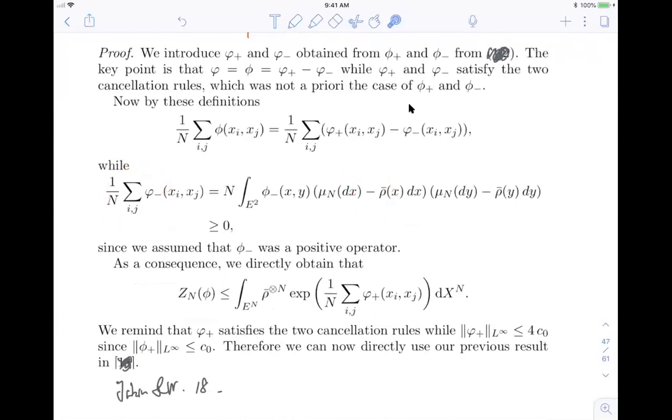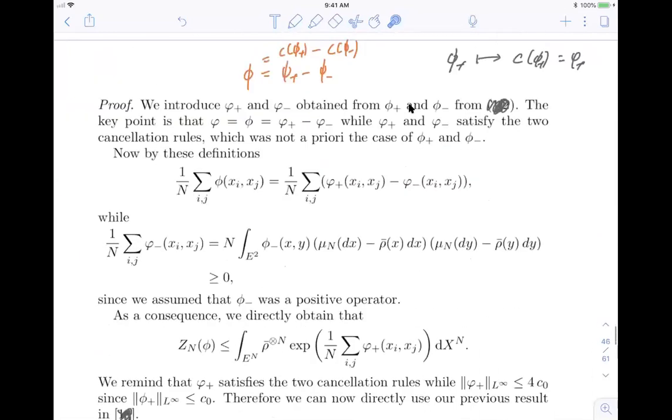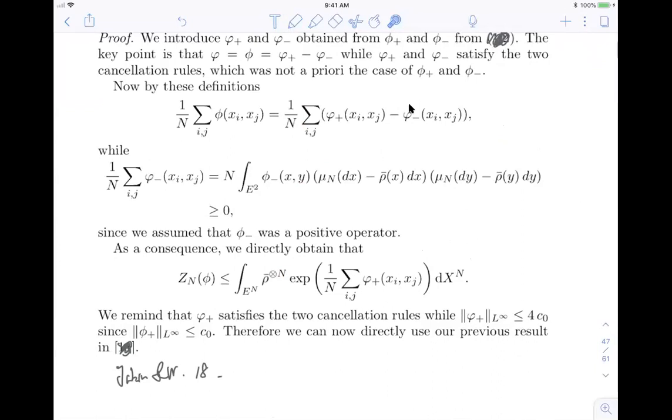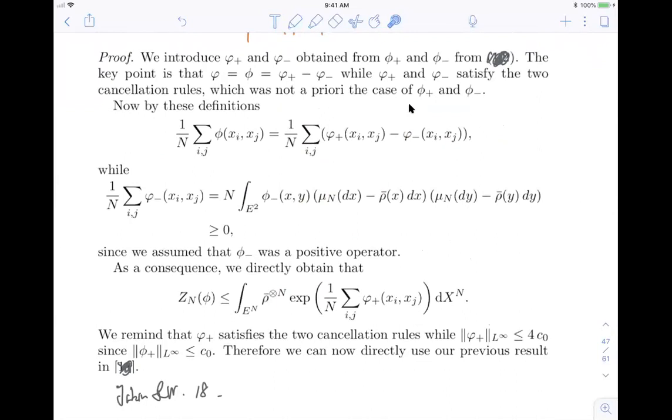You can check this by the definition of symmetrization. Okay, so if you sum up this part, since phi minus is a positive definite operator, this part gives you a non-negative number. Okay, so there's only this part in the summation.